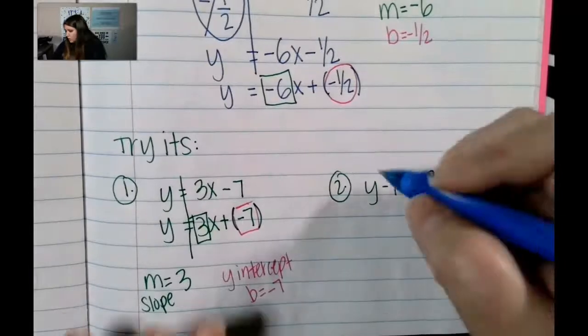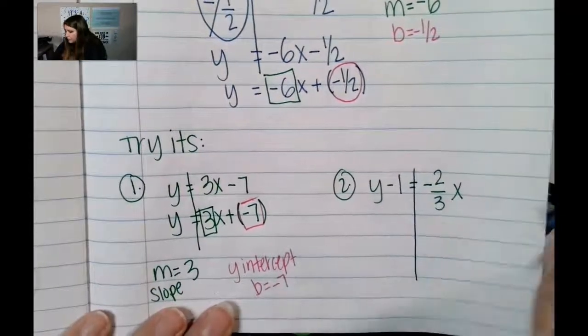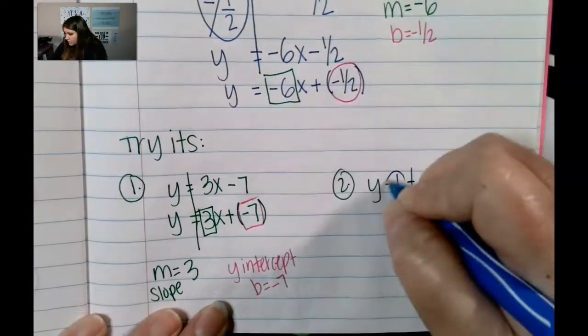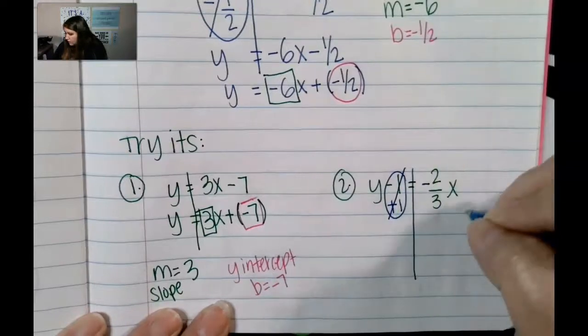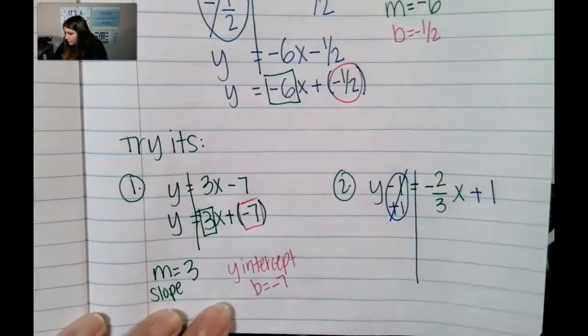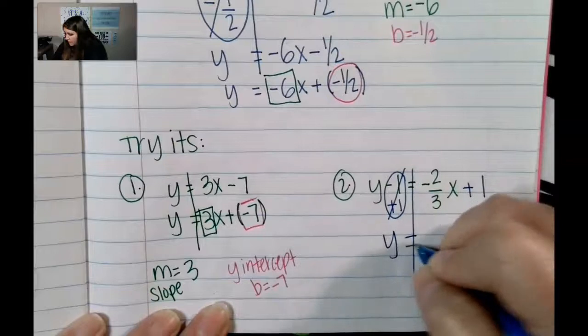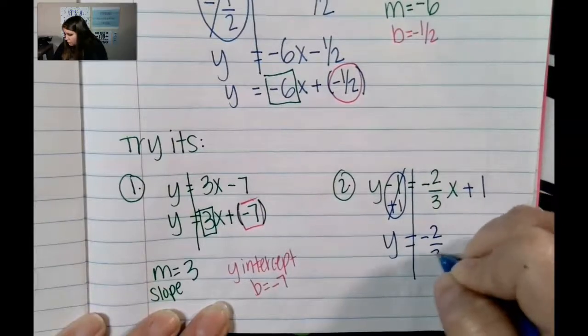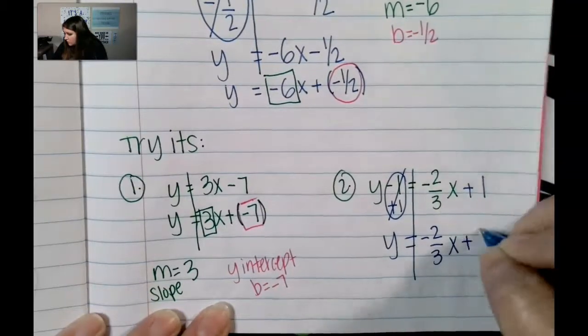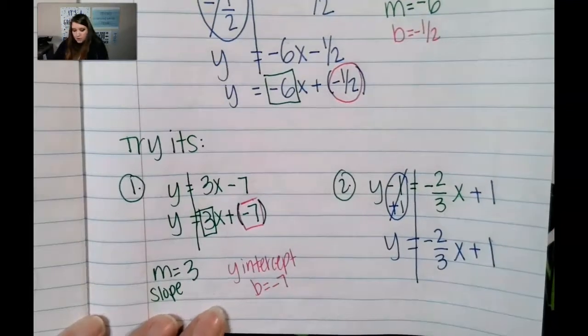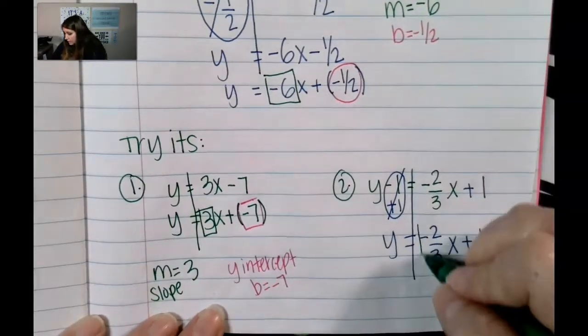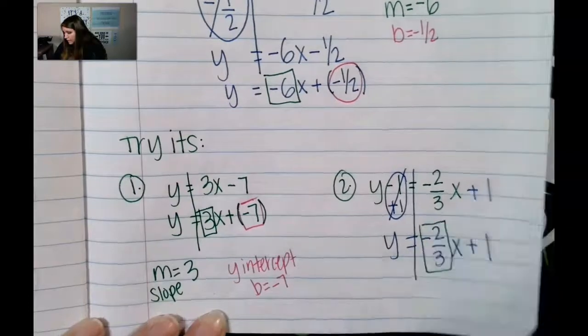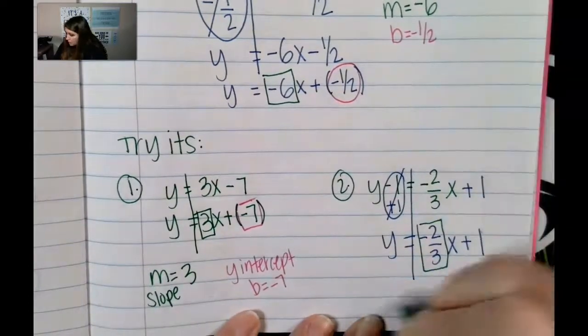All right. Okay, number 2. On number 2, I need to isolate the variable. So I'm going to add 1 so that it zeroes out. And over here, I'm going to add 1. So y equals negative 2 over 3x plus 1. My job now is to identify the slope. The slope is right next to the x.